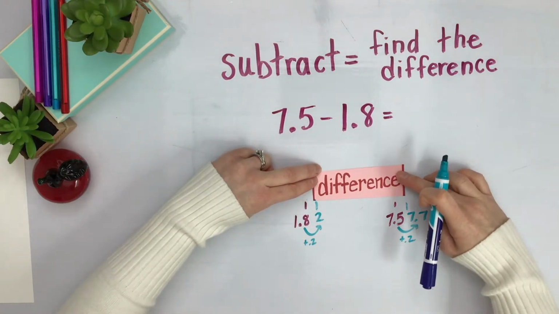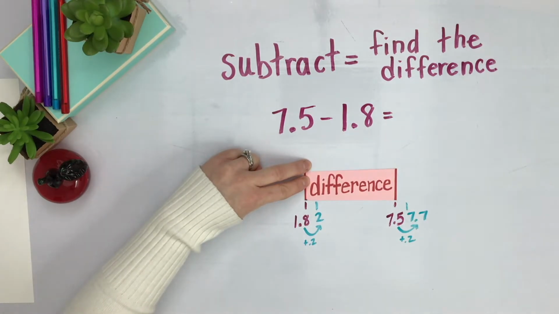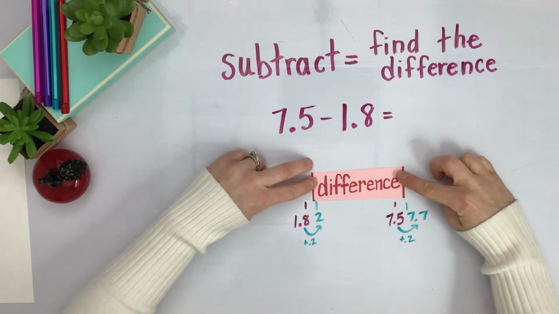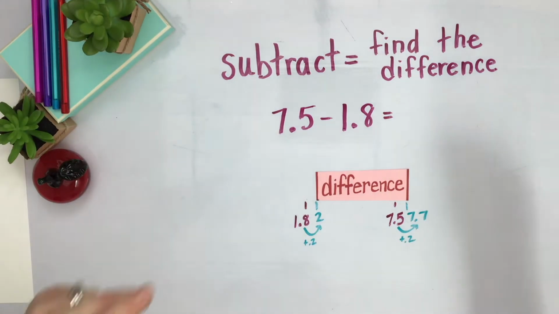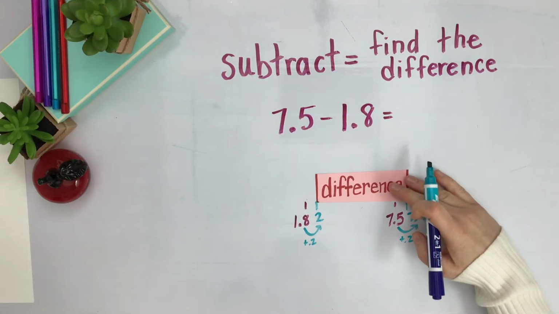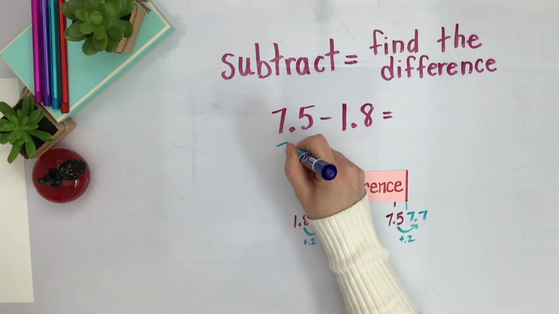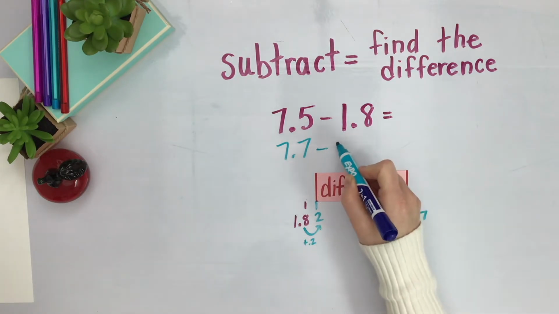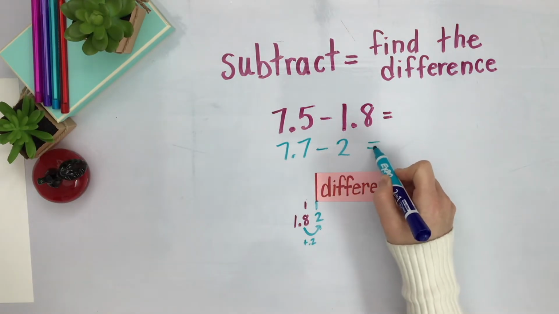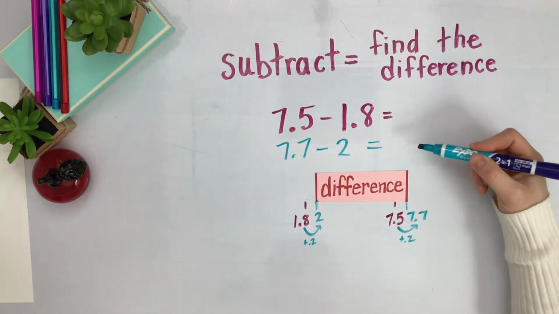The difference between 1 8/10 and 7 5/10 is the same as the difference between 2 and 7 7/10. But because I know this, I have just created a much simpler subtraction question. Now my question is 7 7/10 minus 2. Both of these have the same difference, but this one is much easier to do mentally.